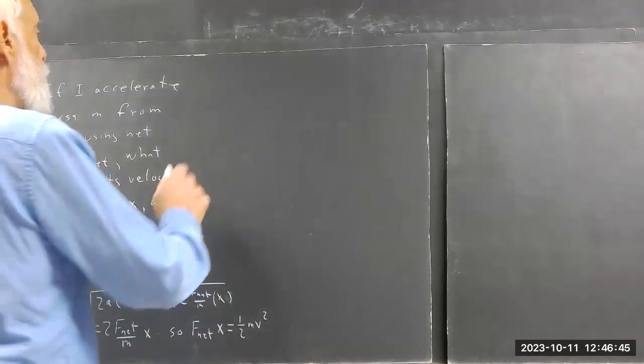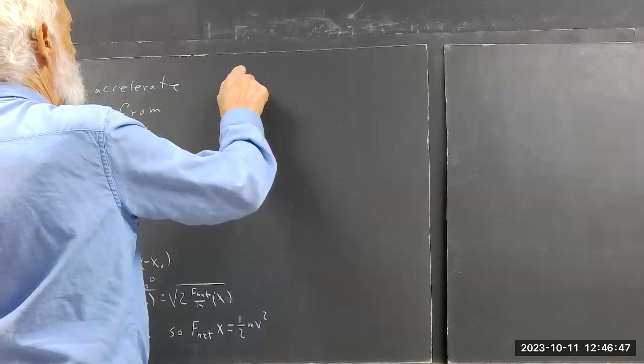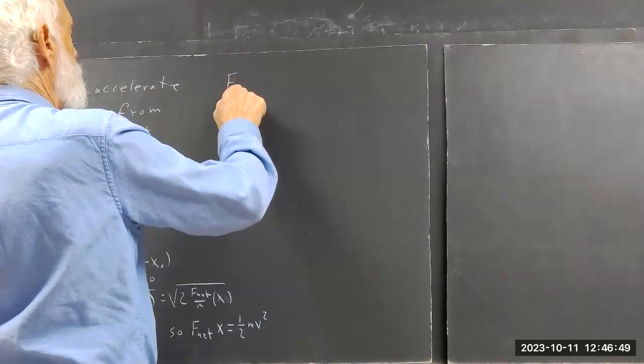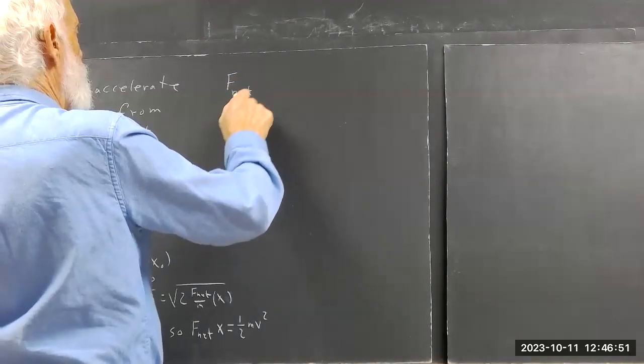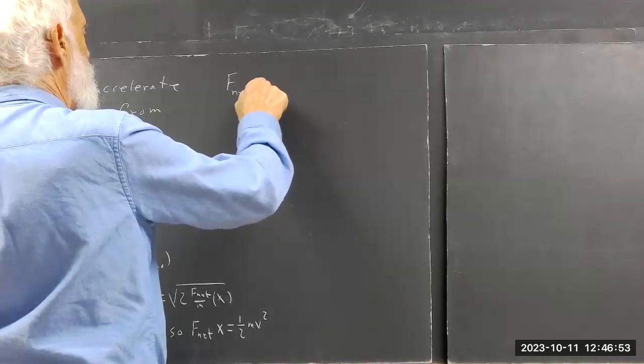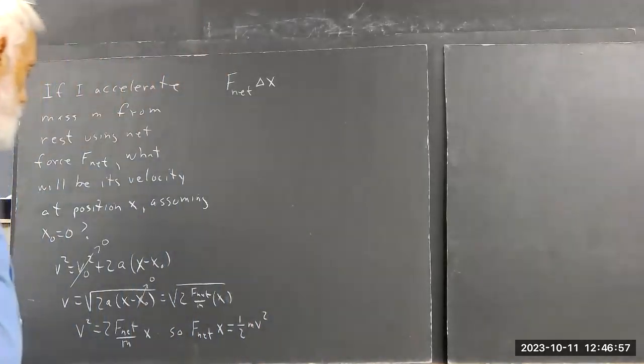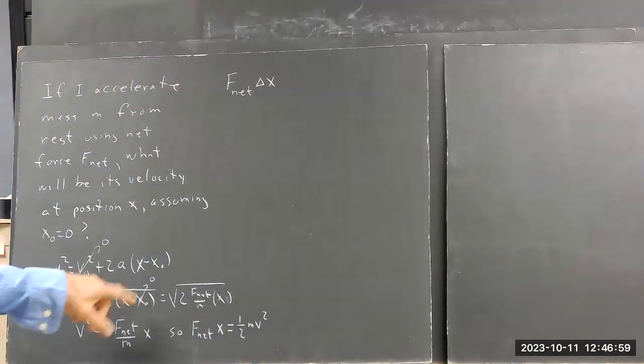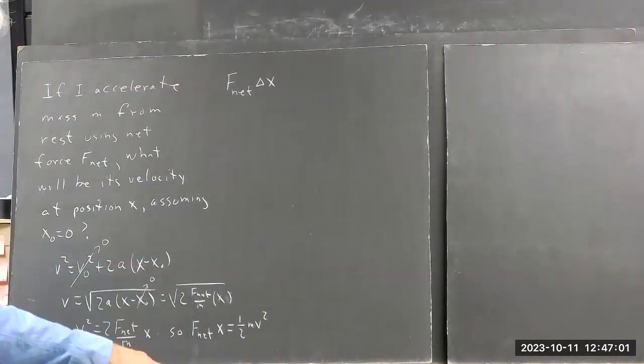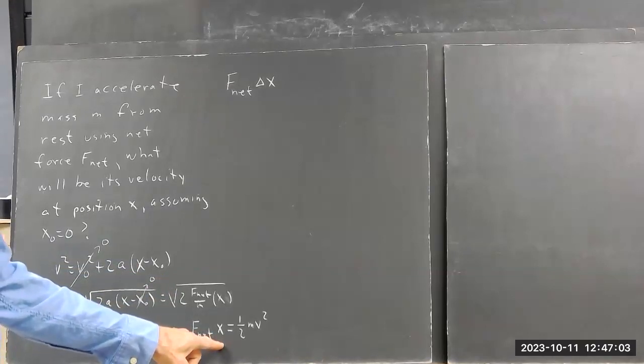Now, in general, I'm going to write this as an F net times delta x, because of course x naught's not always 0. We might have an x minus x naught here instead of an x, so we'd have a delta x here.